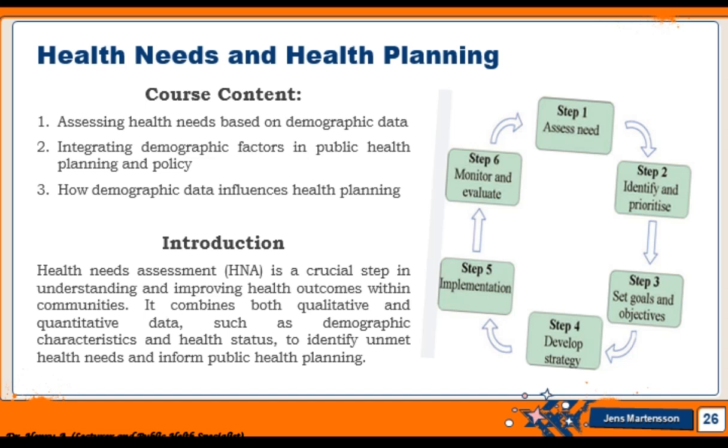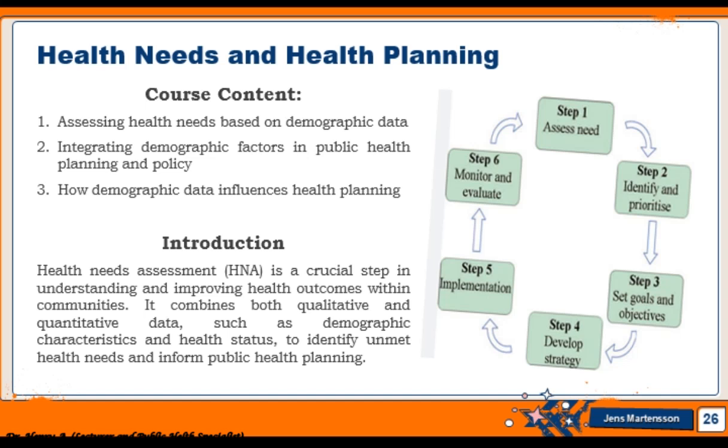You can see a schematic infographic diagram by the side. Step one, the need is to be assessed. Step two, you identify and then prioritize what exactly needs to be done. Step three, that's where you set your goals and objectives.